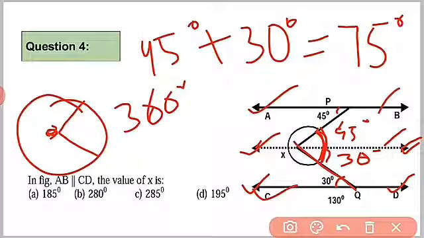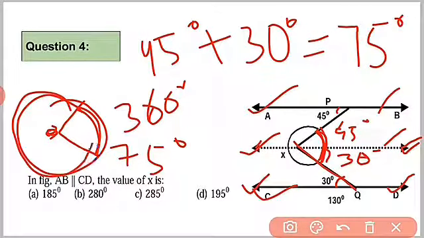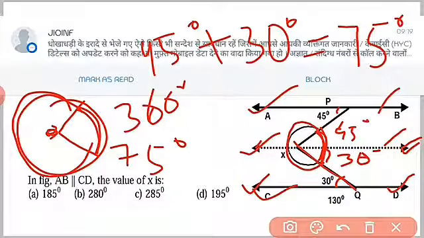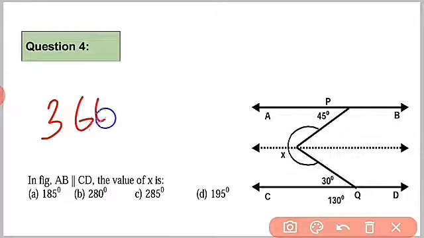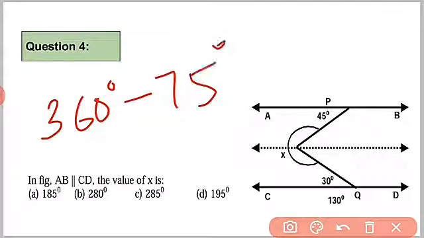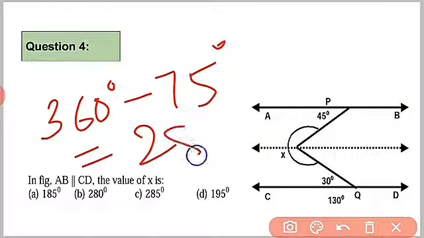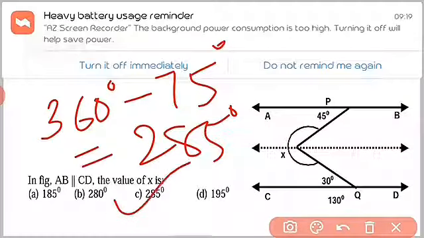Out of this, this much angle is 75 degrees. So what will be the rest part? What will be this angle? It will be equal to 360 degrees minus 75 degrees, that will be equal to 285 degrees. So this is the option.